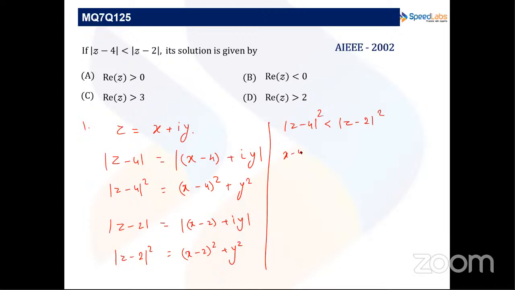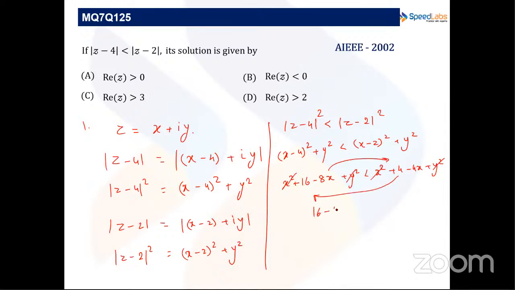we will be getting x minus 4 whole square plus y square is less than x minus 2 whole square plus y square. On solving, you will be getting x square plus 16 minus 8x plus y square less than x square plus 4 minus 4x plus y square. This will get cancelled out, this will get cancelled out.